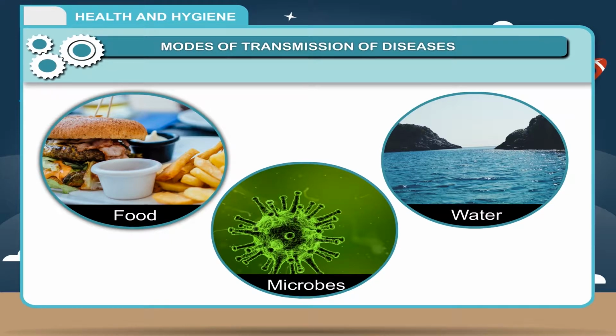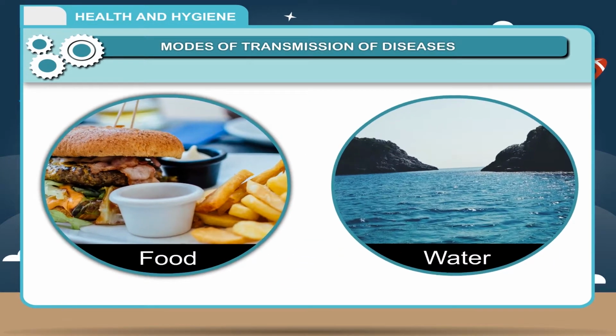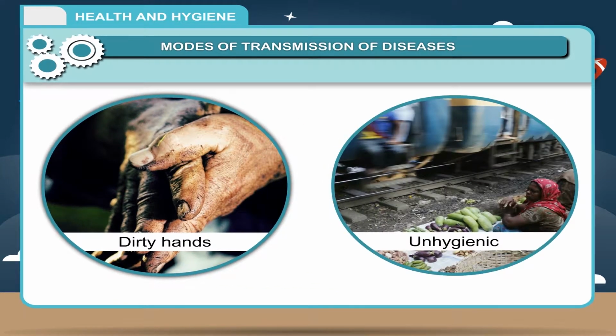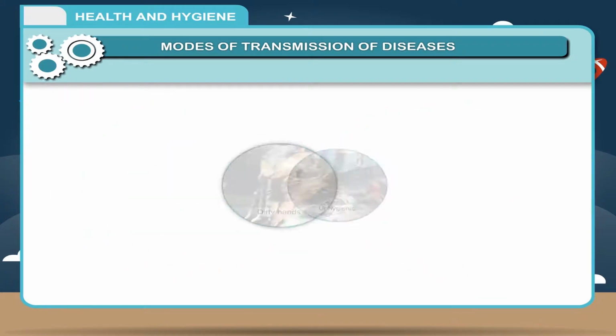Food and water also get infected with disease-causing microbes when they are handled with dirty hands or kept in unhygienic conditions. When people eat or drink this infected food and water, the germs enter their body and cause disease.